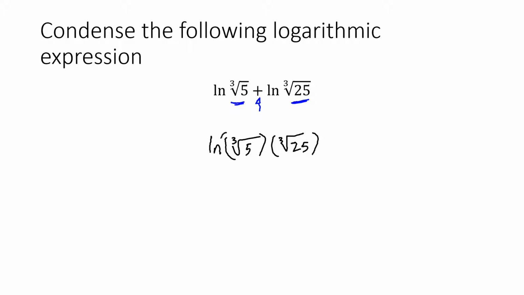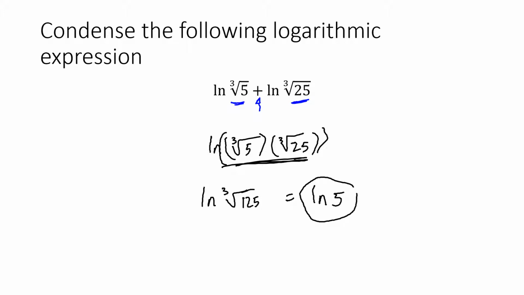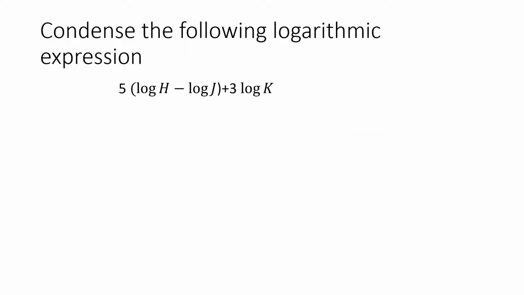When we multiply our argument, this part right here, it's equivalent to saying the natural log of the cube root of 125. The cube root of 125 is 5, and so our final answer is the natural log of 5. Pause this and try this one yourself.